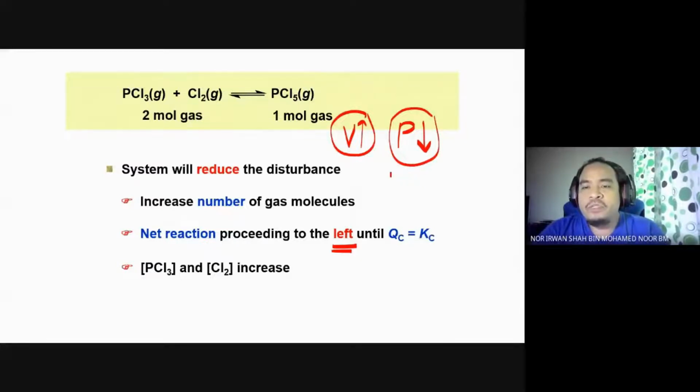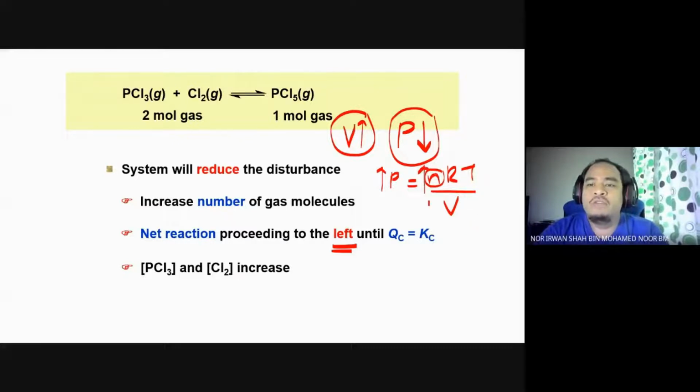Since pressure equals moles of gas times R times T over V, to increase the pressure the system needs to increase the number of moles of gas, because the volume is constant, already increased. So the system will shift to the left.